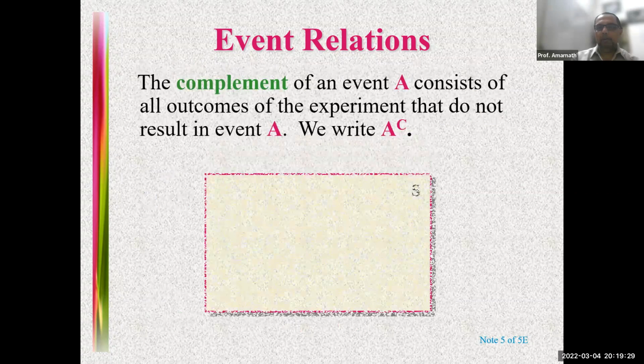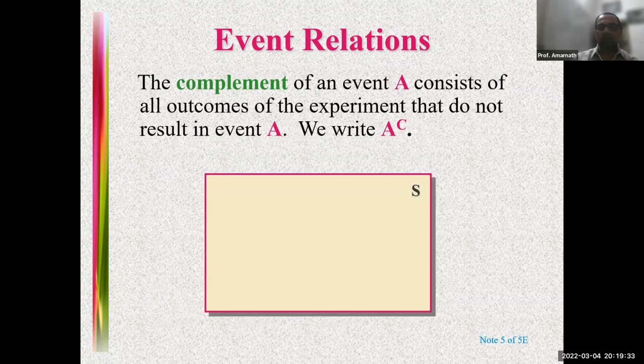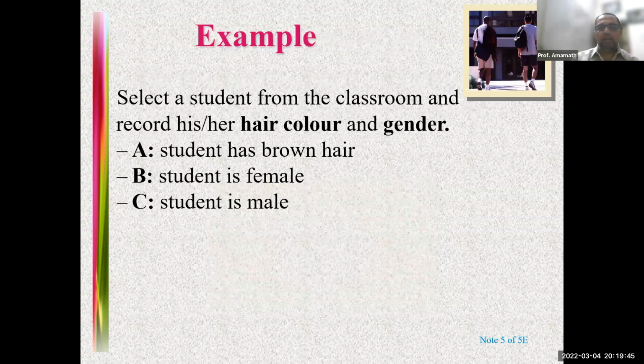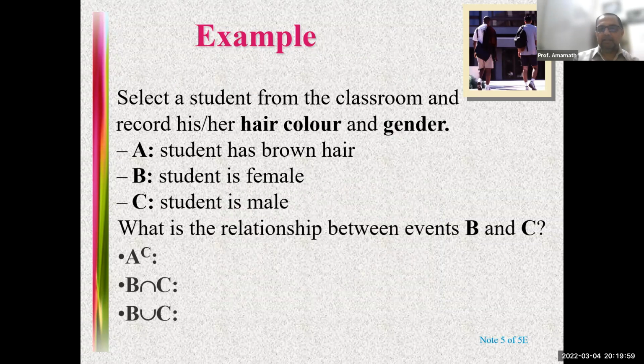The complement of event A consists of all outcomes of an experiment that do not result in event A. So we write that as A complement. An example: select a student from the classroom, record his or her hair color and gender. Event A: student has brown hair, B: student is female, C: student is male. What is the relationship between events B and C?